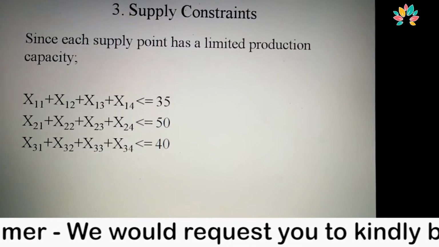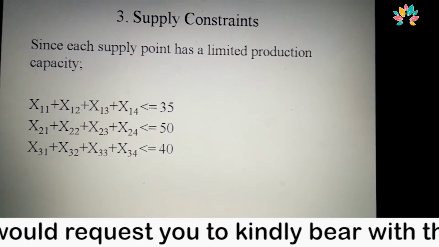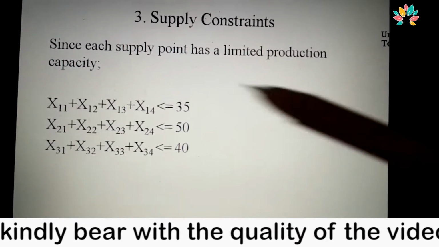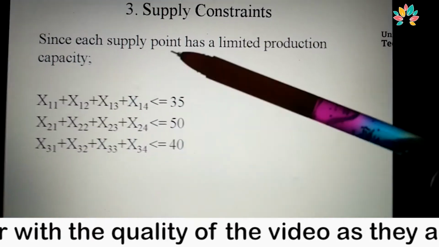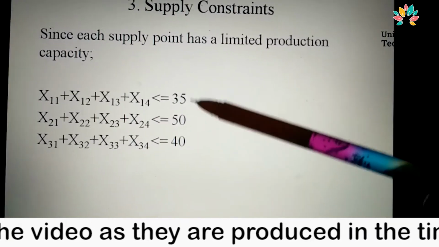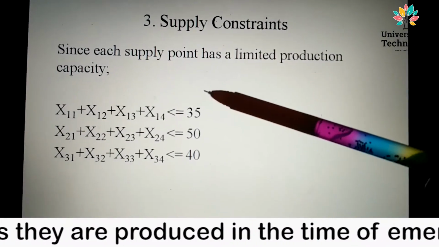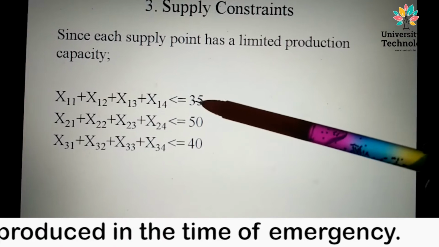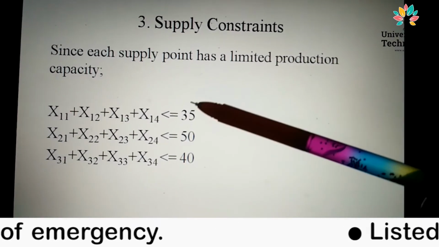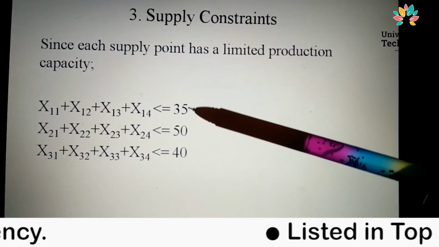Now how to write down the supply constraints as well as the demand constraints? The supply side is written like this, because supply is limited by the production of each plant. The first plant can only manufacture 35 units, which can be supplied from plant 1, right?